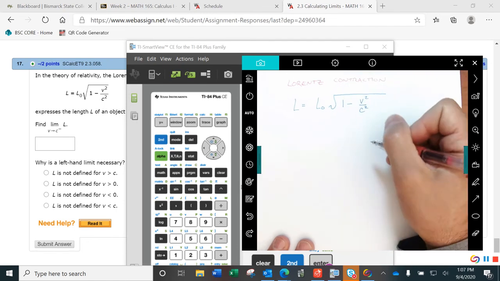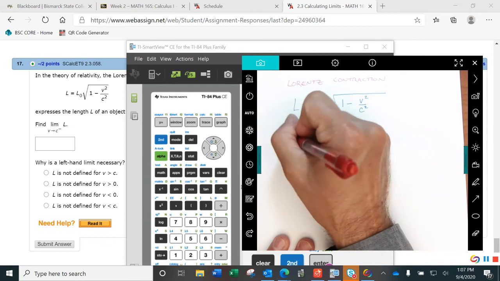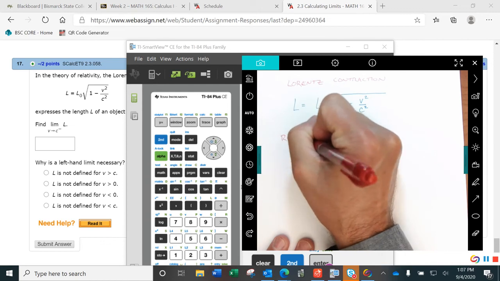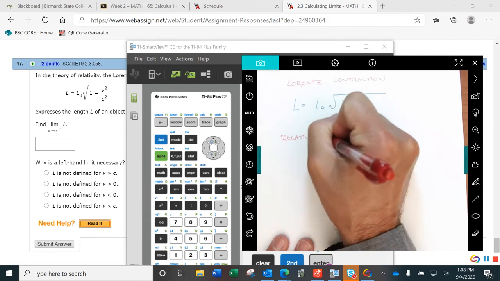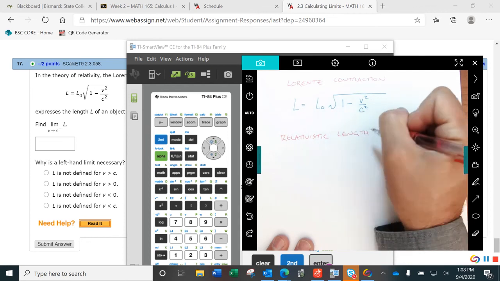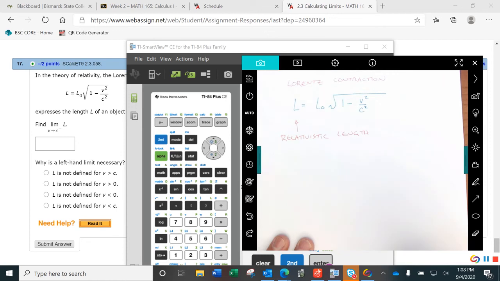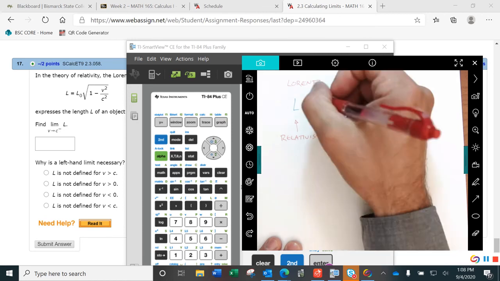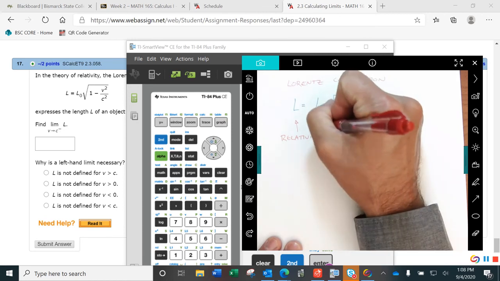The Lorentz contraction. I just pointed to the L. That's our the relative length. This is the length at rest.